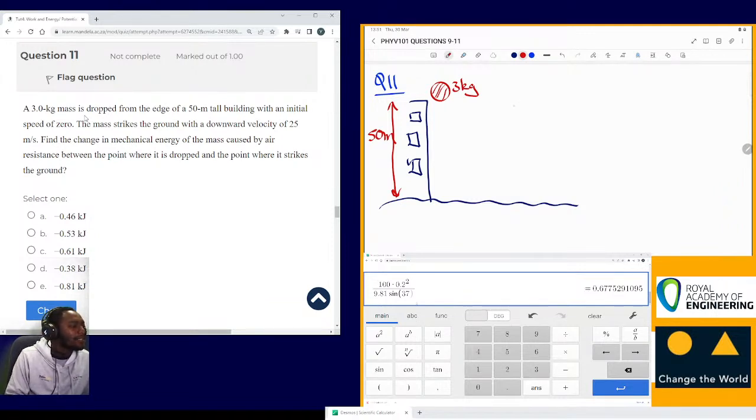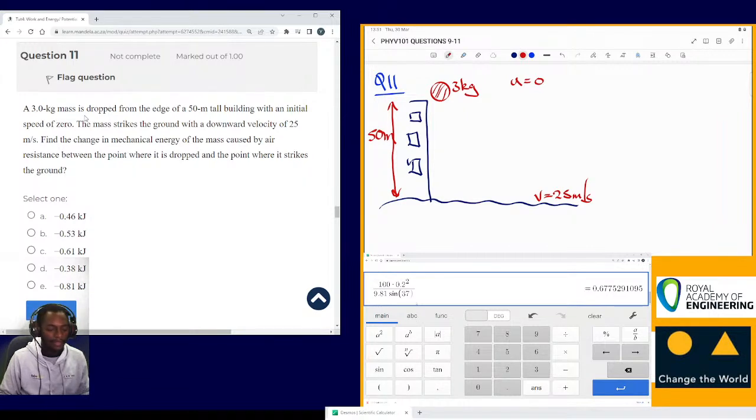Initial, so u is equal to 0, v is equal to 25 meters per second. So we want to find the mechanical energy caused by air resistance. In this case, we now have the concept of a non-conservative force, which is air resistance, which we're told is in play, right?